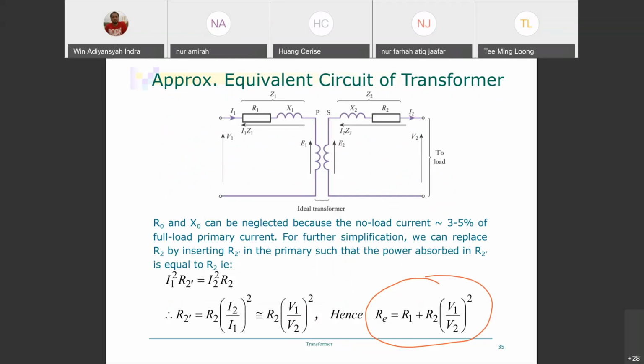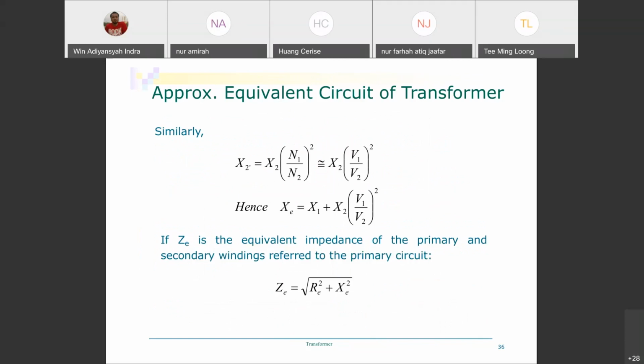And XE equivalent. Where's XE? Yeah, this one. XE equivalent. This one. Okay.